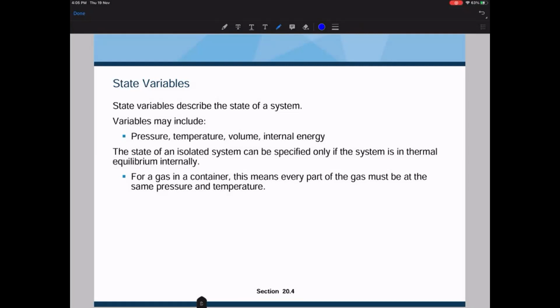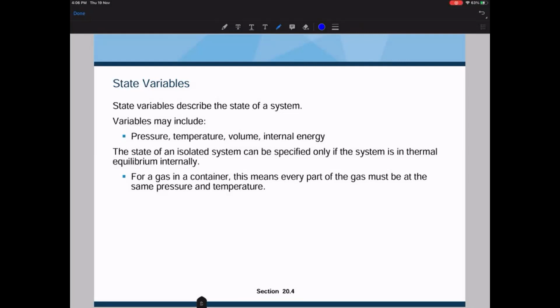So if these are state variables, as long as the system is not in contact with other environment where you may have a flow of energy into it, then you could specify what is the situation of the system. And when we are describing the state of the system, we usually make the assumption that the system itself is in thermal equilibrium.